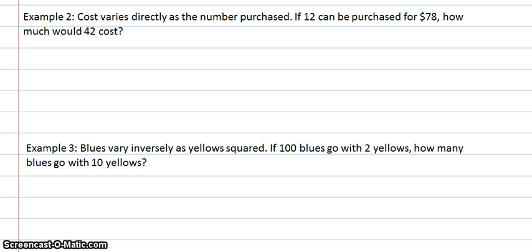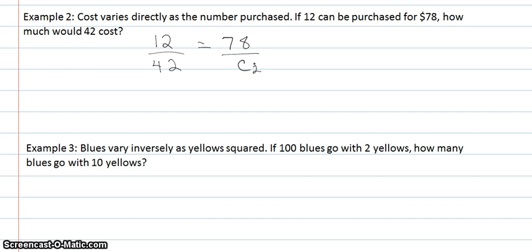Alright, example 2, again, cost is varying directly. So this is going to be lining up our sub 1s and sub 2s. Cost varies directly as the number purchased. If 12 can be purchased for 78, how much would 42 cost? So I have 12 for 78, and I'm trying to find out how much 42 would cost.